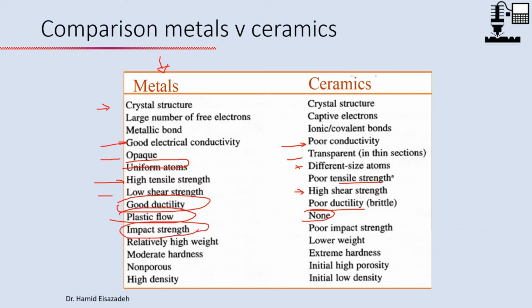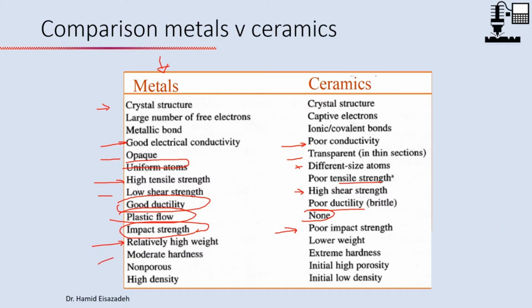in the metals, but the impact strength in the ceramic is very low because ceramics are brittle again. And metals have a high weight. They are a dense material. They are heavy, but ceramic, if we compare it with metal, has a lower weight, lower density.